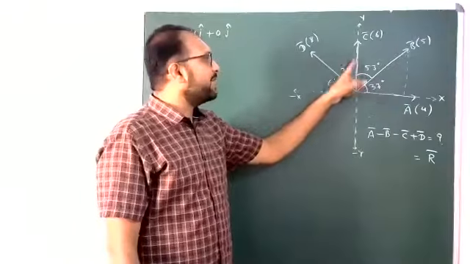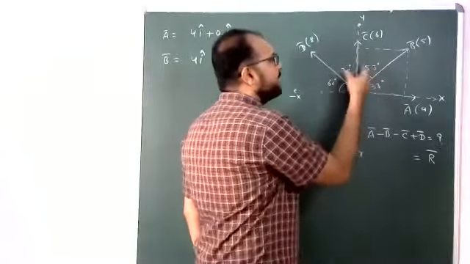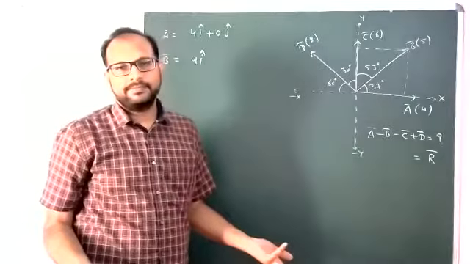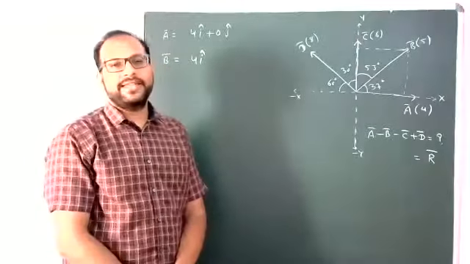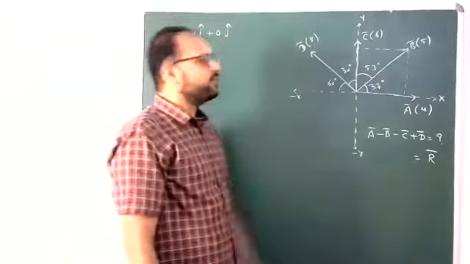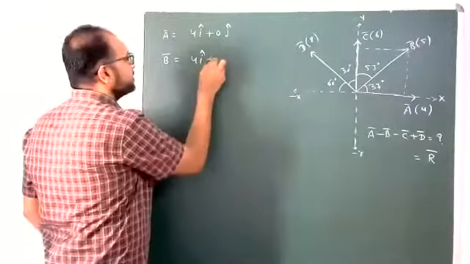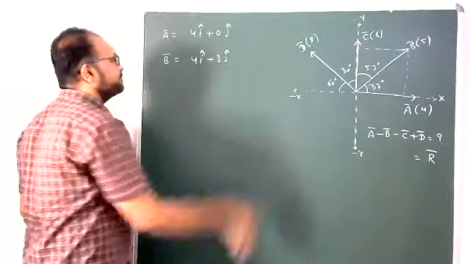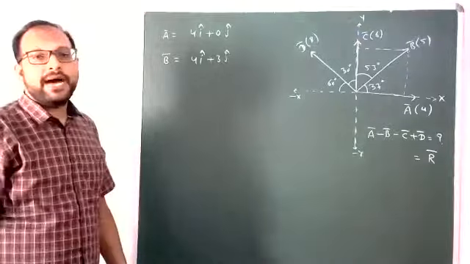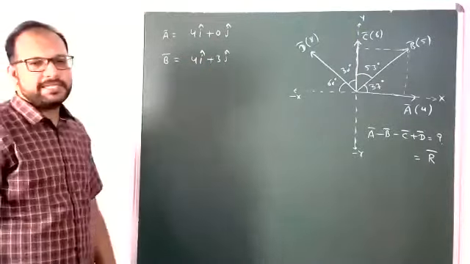Otherwise, in this right angle triangle, this is again 53 adjacent, so cos 53 is 3 by 5, 3 by 5 into 5 is 3, again along the positive y axis. So plus 3 j cap. This is B bar, now written in the form of components.